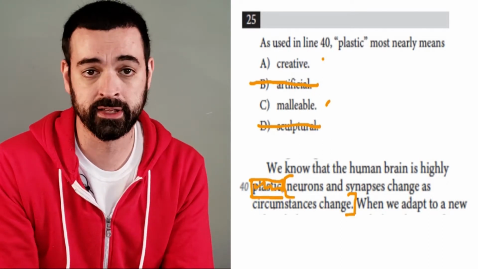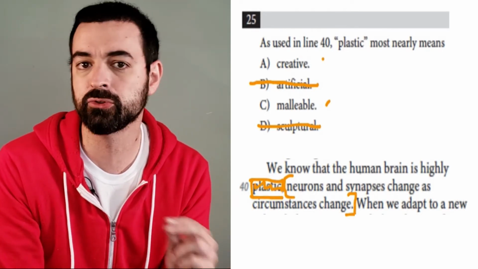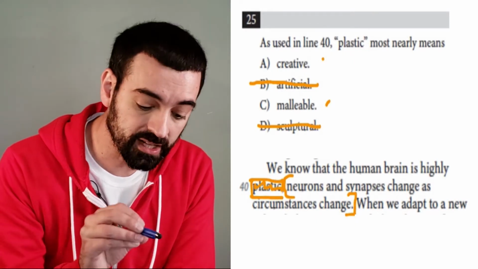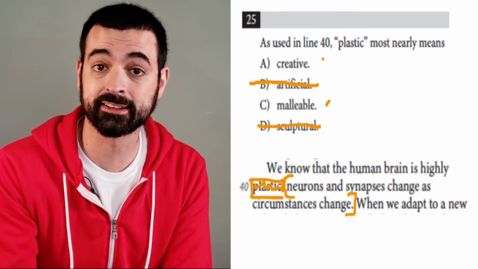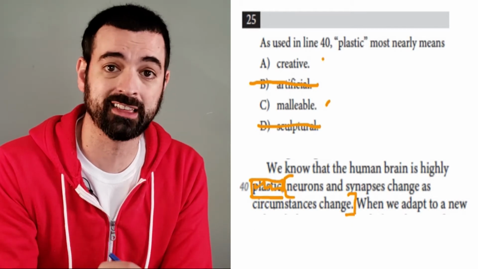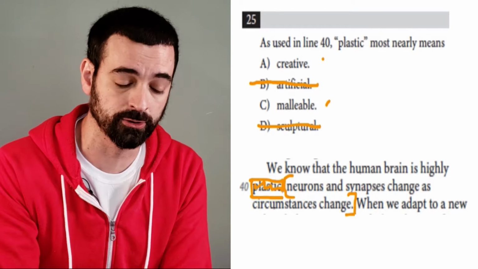Here's the rule though. If you're down to 2 answer choices, you know the meaning of one of the words, you don't know the meaning of the other word, here's what you should do. If the word that you know fits like a glove, use it. If you find yourself trying to force that word in, walk away from it and choose the word that you don't know.